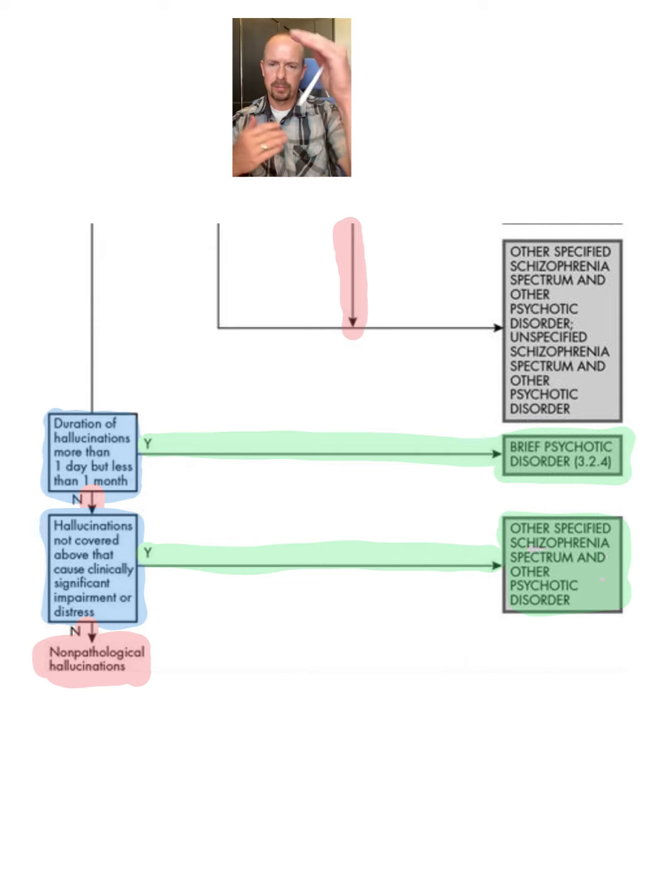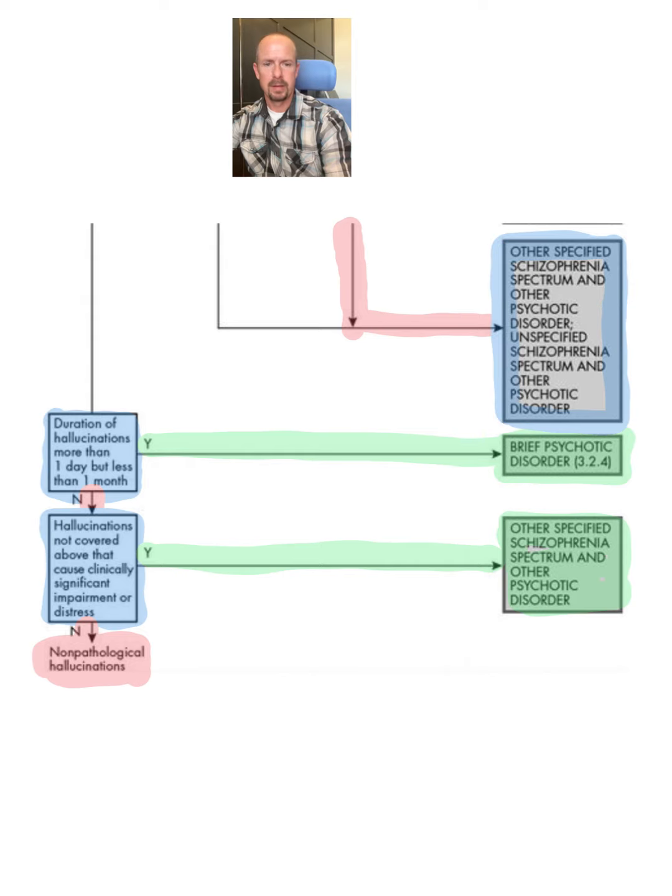It's coming down from where we talked about the mood, with them having some sort of mood episodes and then finally getting to the point where there are no episodes of mood. Then the response would end up being that it's another specified schizophrenia spectrum disorder or psychotic disorder, if that's the case.